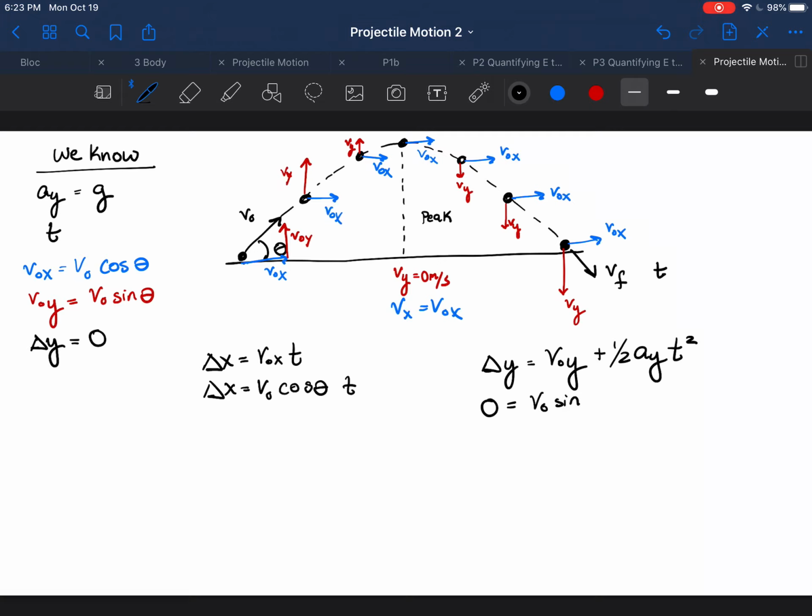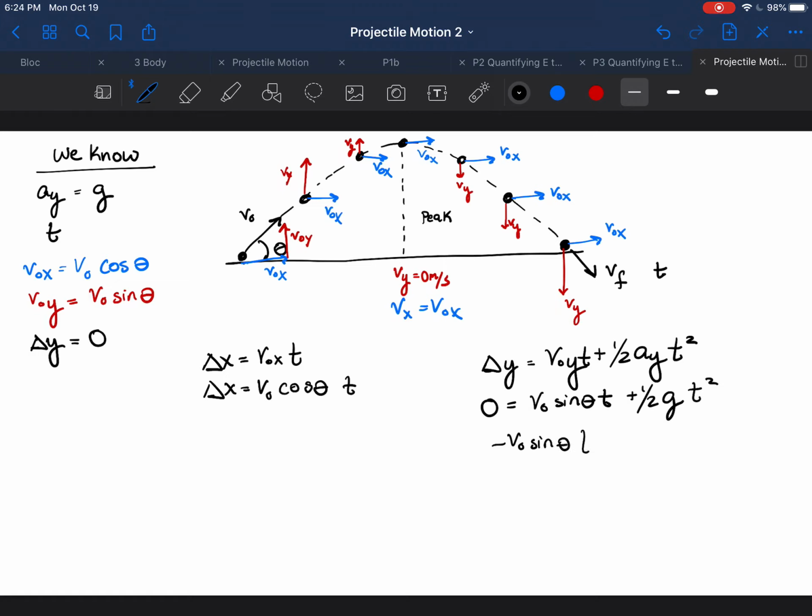All right, so I'm going to go ahead and plug some things in. So we have 0 equals v0 sine theta, I forgot the t, sorry about that, times t, plus 1/2 g t squared. Okay, well, let's see.